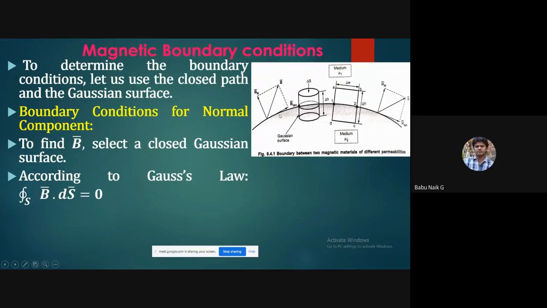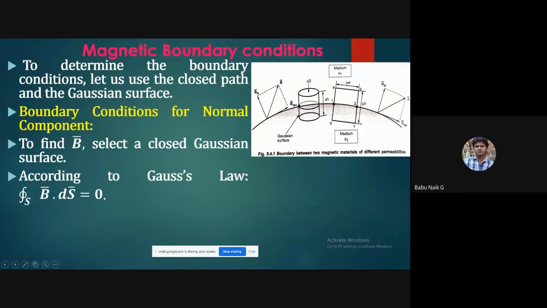We can apply the Gauss law to the cylindrical shape, closed surface integral B bar dot ds equal to 0. That means a monopole does not exist in nature at all.